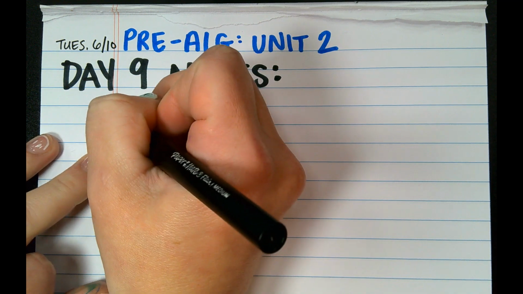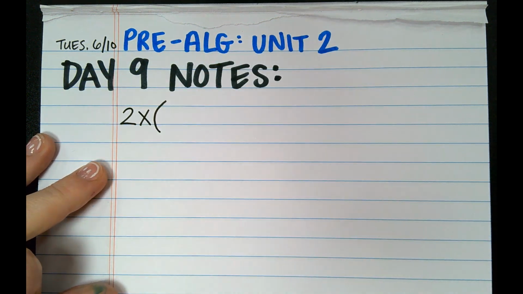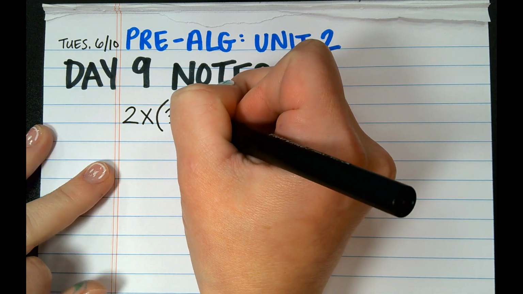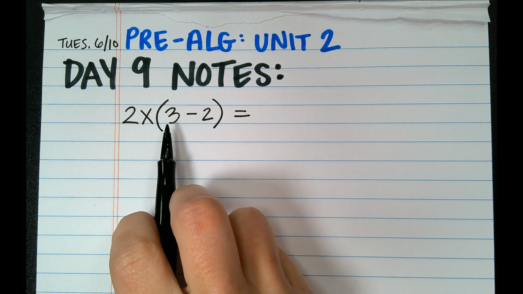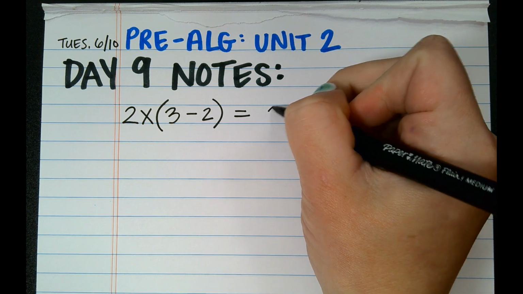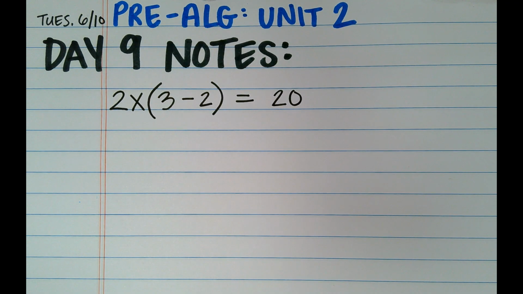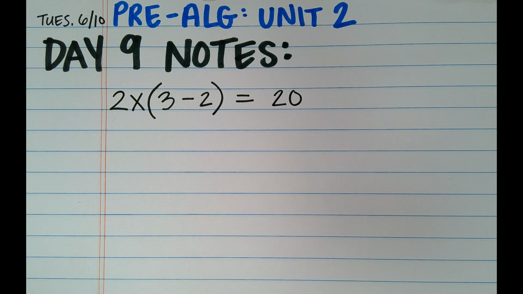Let's do 2x, parentheses, 3, minus 2. So I have an equation here, and I want to see what number I can use instead of x that will make this true.